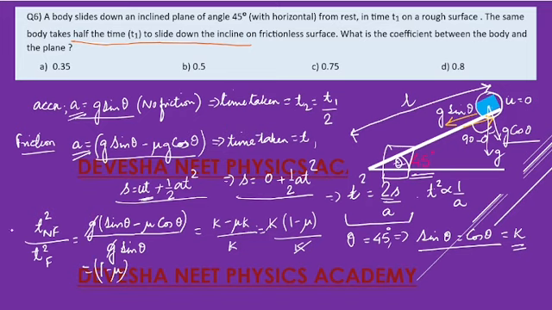Now let's look at the T no friction divided by T friction. If there is no friction, it is given that it is half the time with the friction. So now what is T no friction? T without friction and T with friction, this is actually equal to 1 by 2.